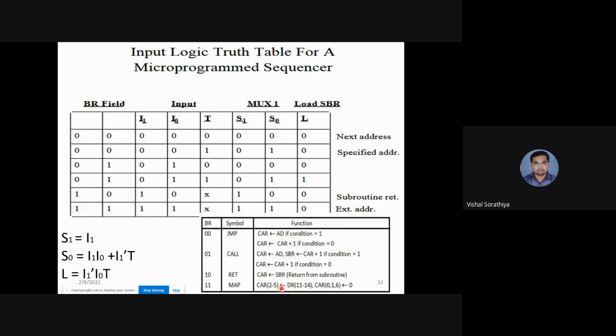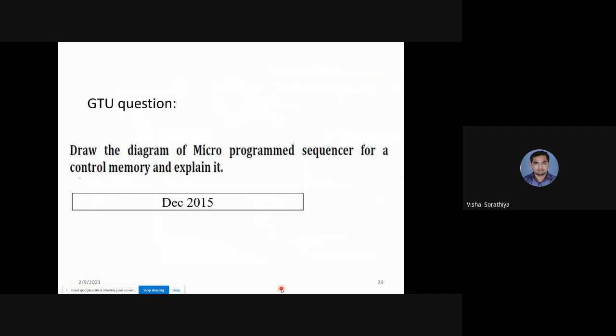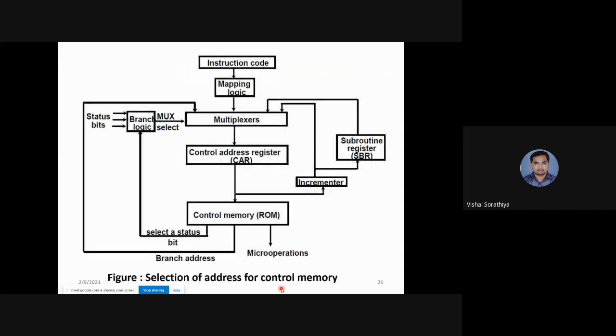So it will go to the execute instruction part, and the name we have given is mapping logic. So you are in the condition of mapping logic. Mapping logic means whatever instruction code is given from the external, you are mapping it with the available logic inside your control memory.